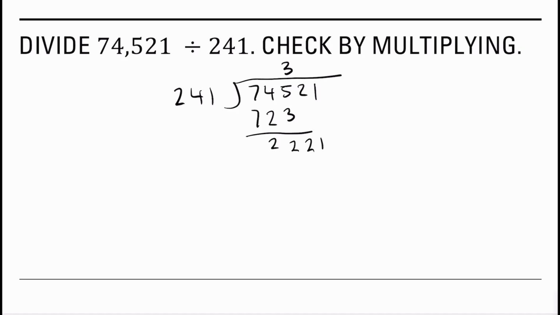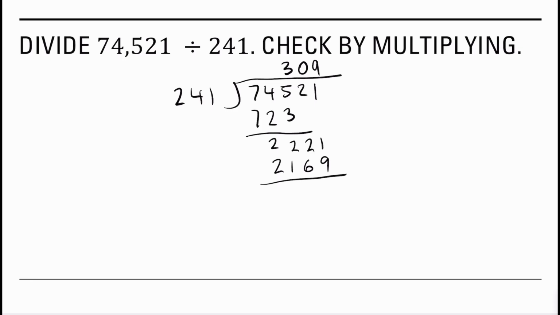And so we would have to put the 0 above because we've skipped that, and then we would put the 9 above the column we're currently working with. Now, multiplying 241 by 9, we would get 2,169.